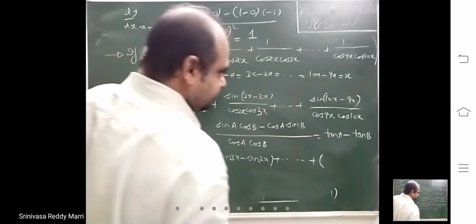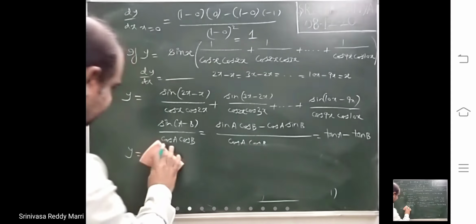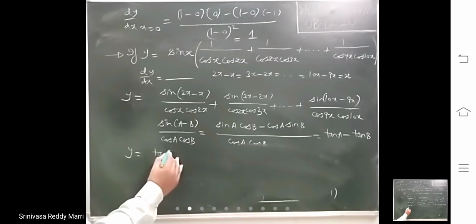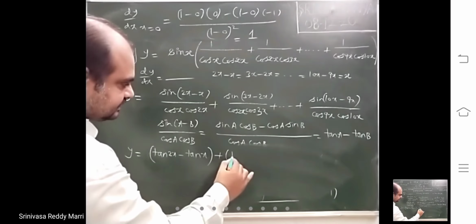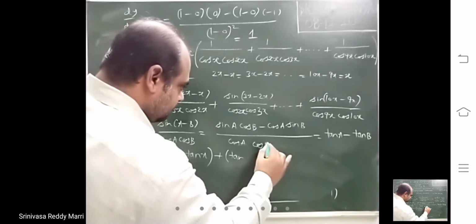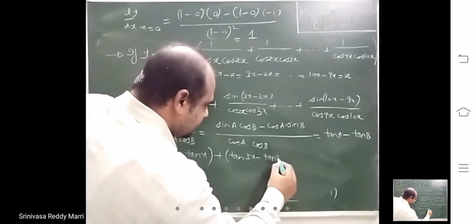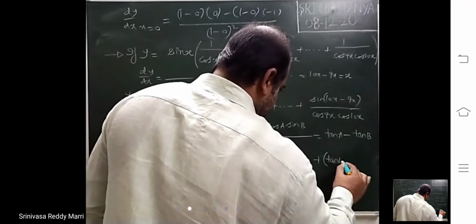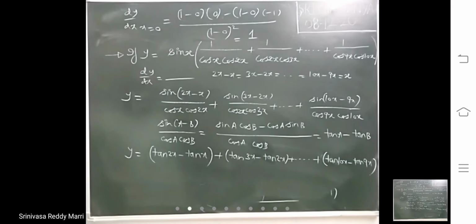Last step, tan 2x minus tan x plus tan 3x, tan, right? Now you can observe.